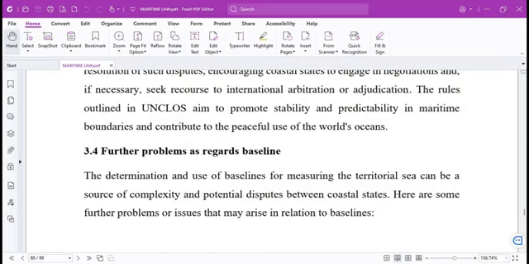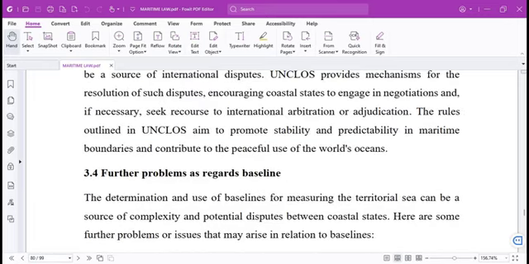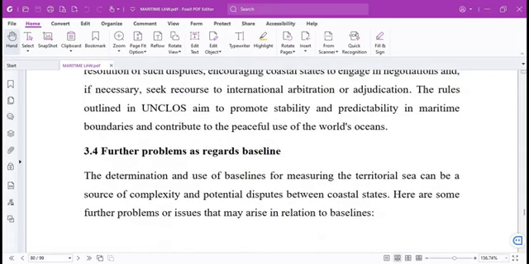Further problems as regards baseline. The determination and use of baselines for measuring the territorial sea can be a source of complexity and potential dispute between coastal states.